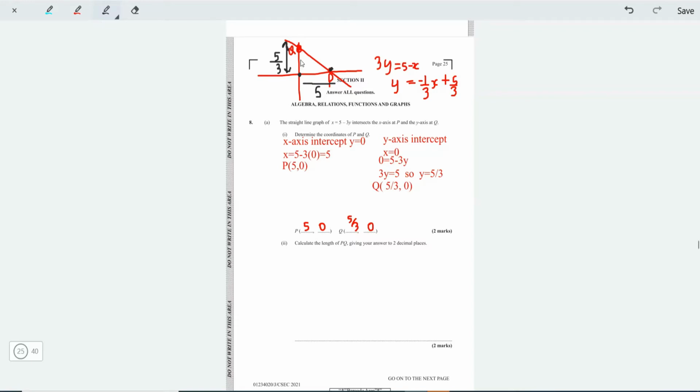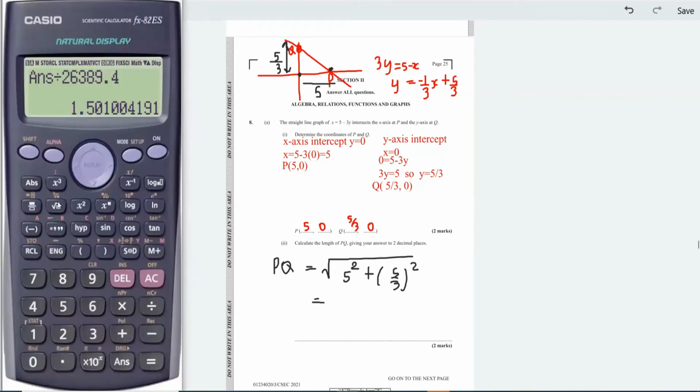So that means for the distance QP, we can use Pythagoras' theorem. The distance PQ is just the square root of 5 squared plus (5 over 3) squared. That's just Pythagoras' theorem. So let's do that now.